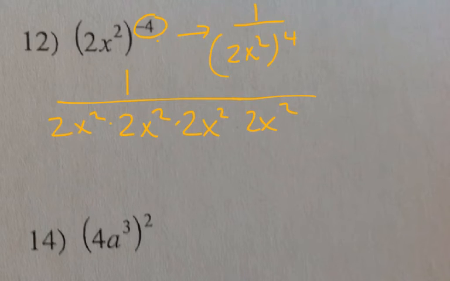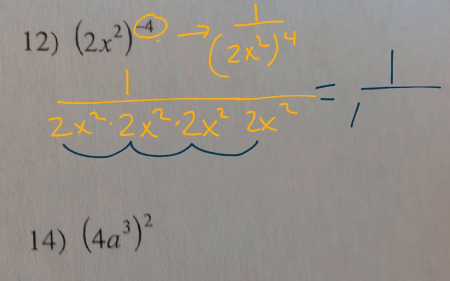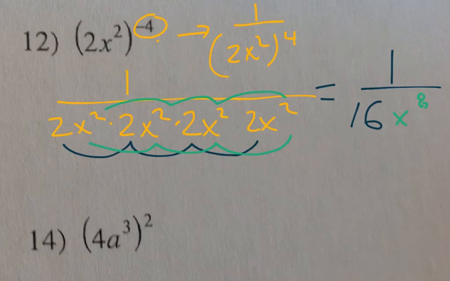And they're all times each other. So finishing up here, guys, I have 1 over 2 times 2 times 2 times 2 is 16. x^2 times x^2 times x^2 times x^2. We add the exponents, right? It is x to the 8th power. Again, x to the 8th because I did 2 plus 2 plus 2 plus 2 because we add when multiplying.